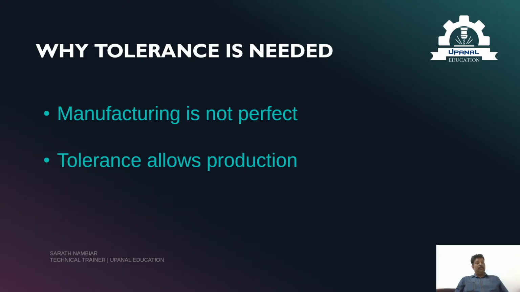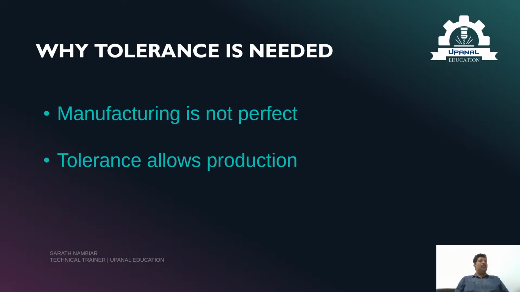In reality, theoretically we said it easily, right? Practically, almost every part would be rejected. Production could stop. The cost would be extremely high. Why? Because we keep getting rejected pieces, so the cost will go up.